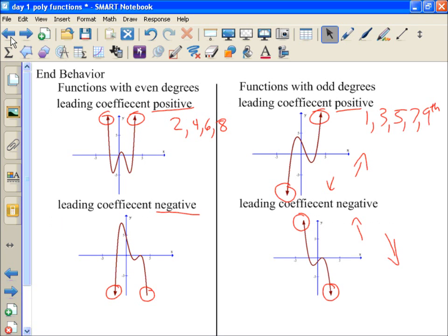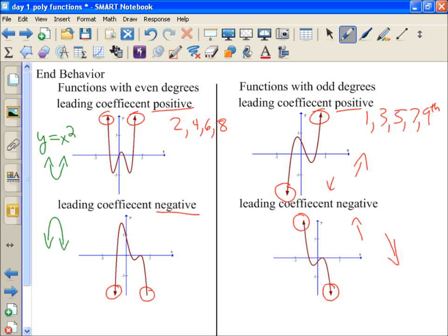The easiest way to remember this really is to think about the simplest ones that we should know by heart in Algebra 2. The simplest even degree function is y equals x squared. Well, if a is positive, it's parabola up. If a is negative, it's parabola down.